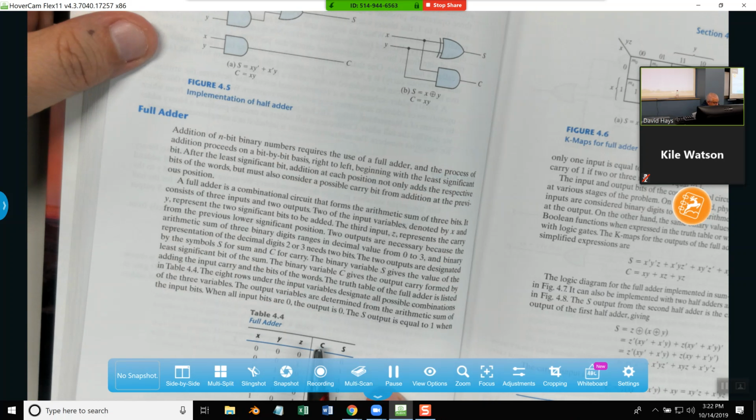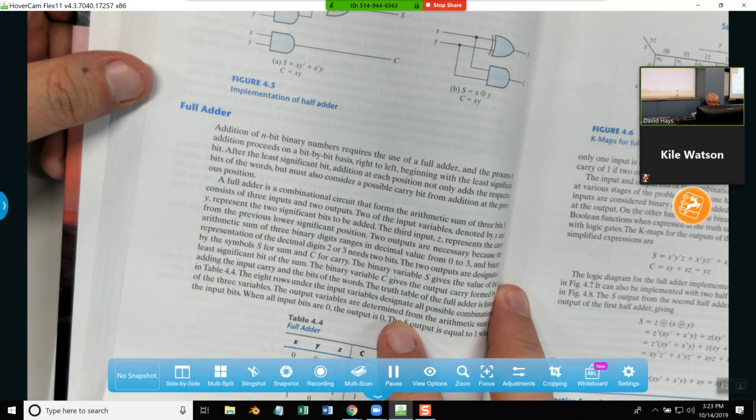If we started with these two bits, 1 and 1, then that'd give me 0 with a carry of 1.